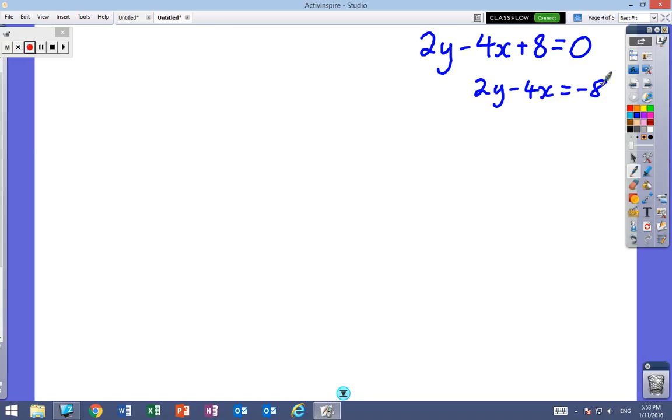I'm going to add 4 x's to both sides. Now I'm going to divide this part by 2, so I get y by itself. And if I divide that by 2, I have to divide everything by 2. Alright. Now I've got something that I can plot fairly easily.